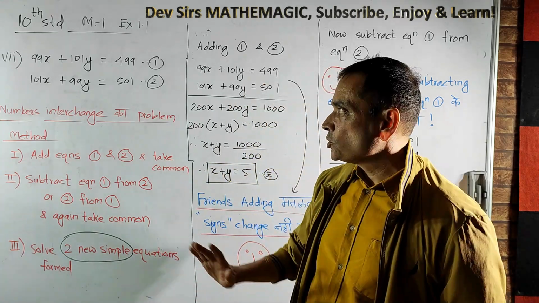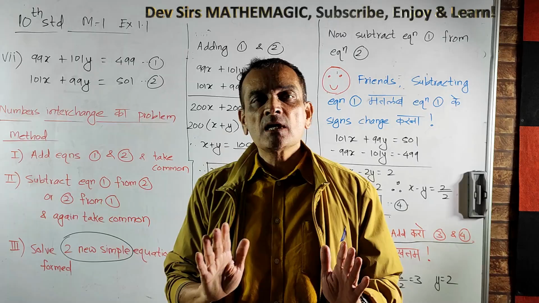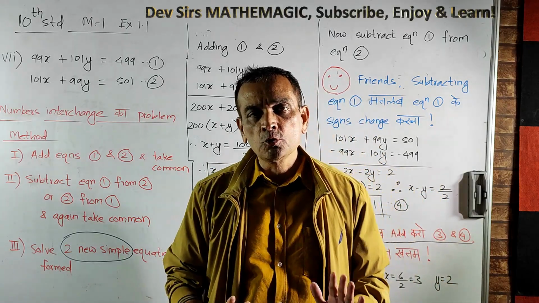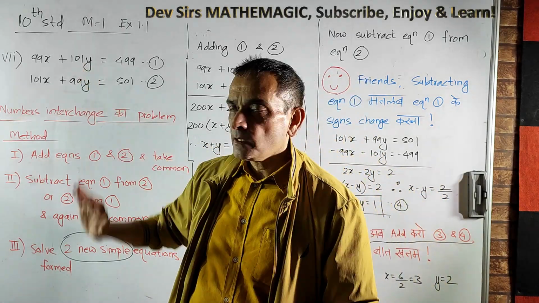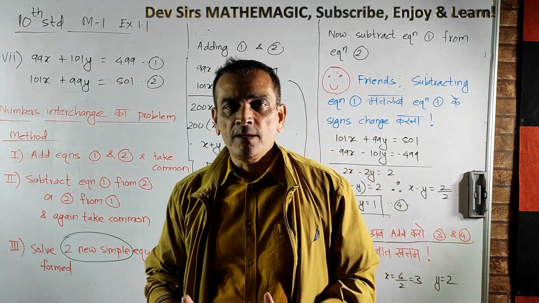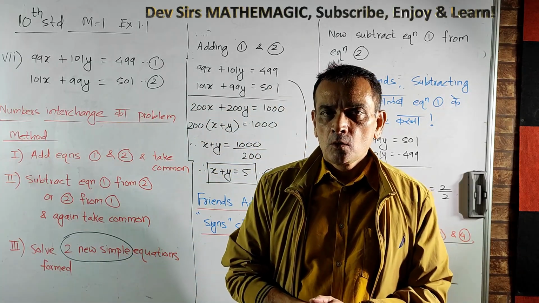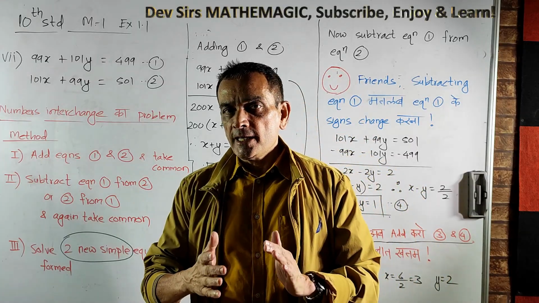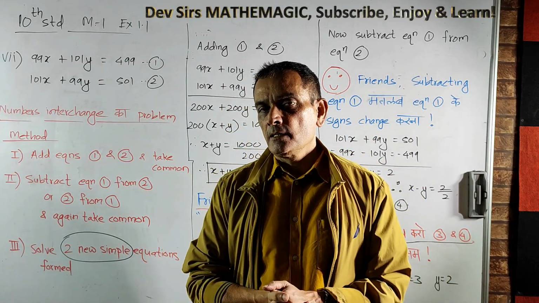Position has been interchanged. This is how you recognize the problem. Two things: numbers are big. Second, it is a numbers interchange problem.